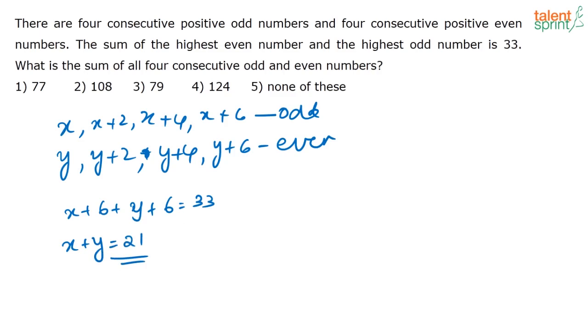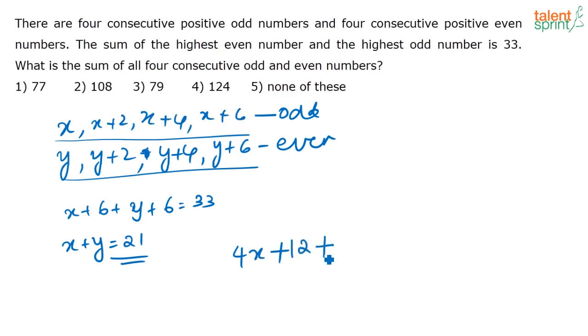Now we have to find the sum of all the consecutive even and odd numbers. So basically we have to add these two. So when I add, what do I get? I'm just going to say and write the final answer here. So x plus x plus x plus x, 4 times I'm adding x, that is 4x, correct? So 4x plus 2 plus 4 plus 6. So 6 plus 6 is 12.